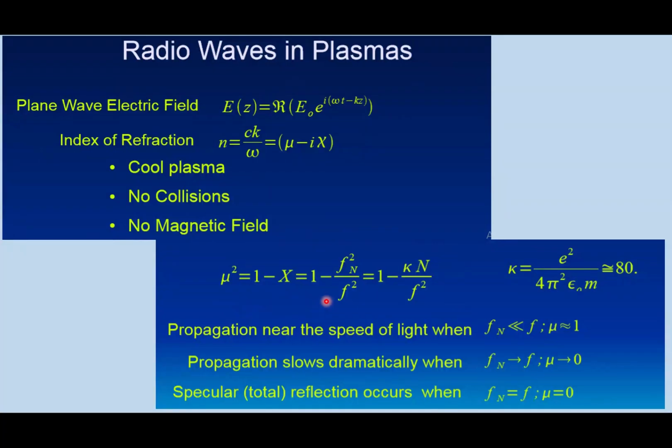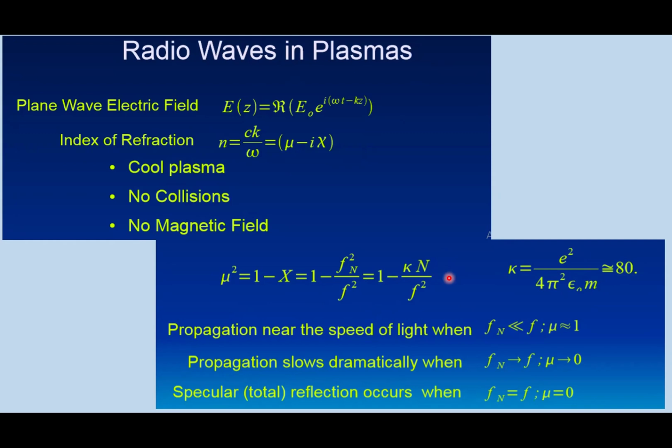So mu squared becomes 1 minus fN squared upon f squared. And fN squared itself is related to the electron density N, the number of electrons per unit volume in the medium, by the formula fN squared is equal to some constant kappa times the electron density N. So the refractive index squared now becomes 1 minus kappa N upon f squared. Kappa is a physical constant depending upon the charge of the electron, epsilon naught, that is the permittivity of free space, the mass of the electron, and so on.